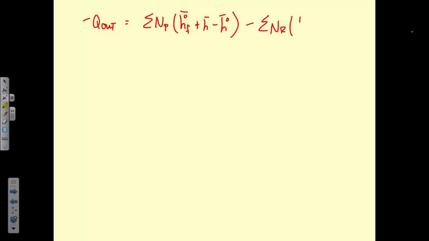Then part B is using our equation, negative Q out is equal to the sum of the number of moles of the products, times the enthalpy of formation plus the enthalpy minus the enthalpy of the reference state, for the products and for the reactants. So it's a lot of subscripts and things to write each time.